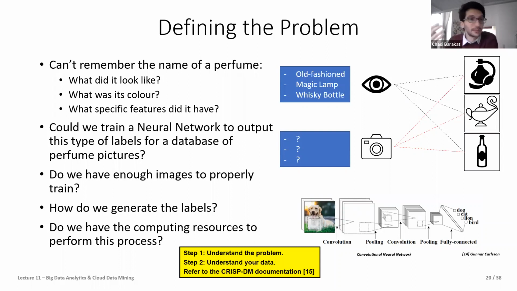So besides that, we have to wonder if we have enough images to train this neural network that we are thinking of. Because, of course, again, if you do not have enough data, you have nothing. If you want to train a very accurate network, you need to provide it with a lot of data.